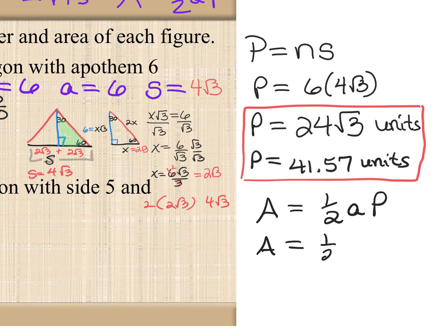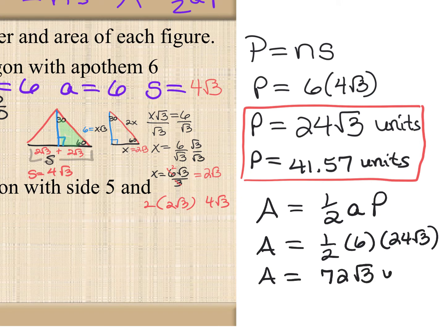So it's 1/2 apothem, which was 6, times perimeter, 24 root 3. So in simplest radical form, once I multiply 1/2 times 6 times 24 square root 3, that gives me 72 square root 3.